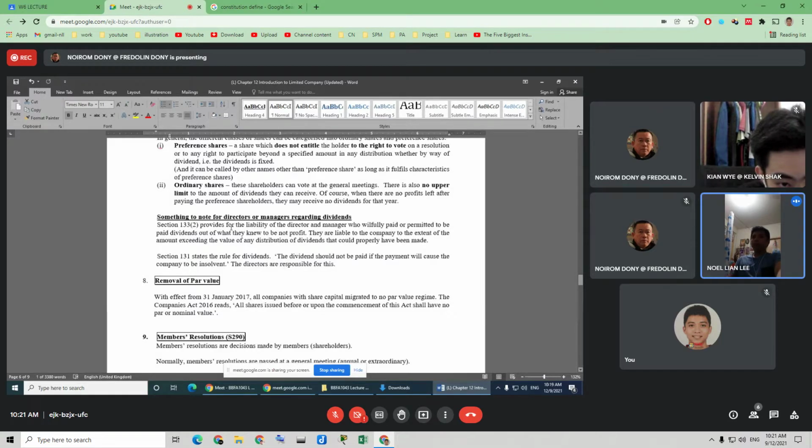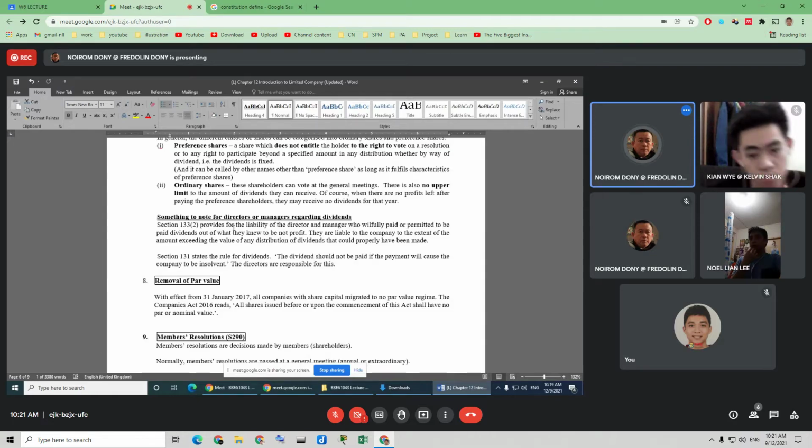Can the public buy the preference shares? Yes, they have to make a choice whether they want to invest in the ordinary share or in the preference share, by looking at the advantages and disadvantages.